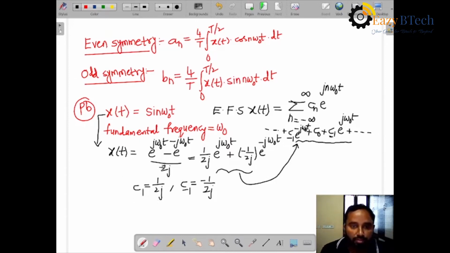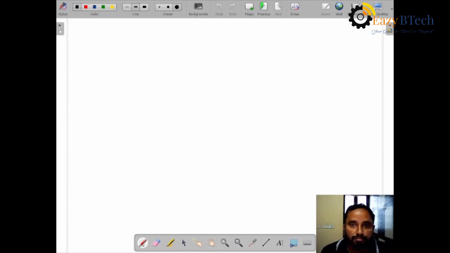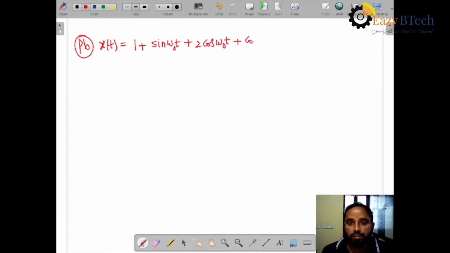And another simple example. Let's take x of t is equal to 1 plus sin omega naught t plus 2 cos omega naught t plus cos of 2 omega naught t plus pi by 4.